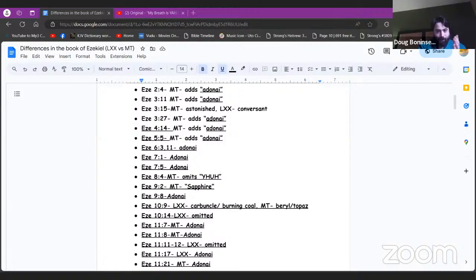The Sefer reads in the Masoretic, "For impudent children, stiff-hearted, I do send you unto them, and you shall say to them, thus says," it has Adonai right here, and then it says Yahuwah. If you have an ISR, it would be translated as master and then Yahuwah. Either way, there's still Adonai there. In the Greek, there is the word master, but I don't think it's equivalent to the Hebrew of Adonai.